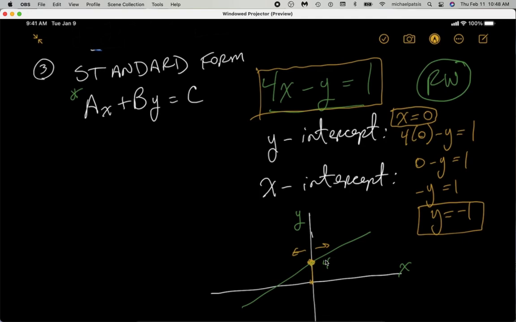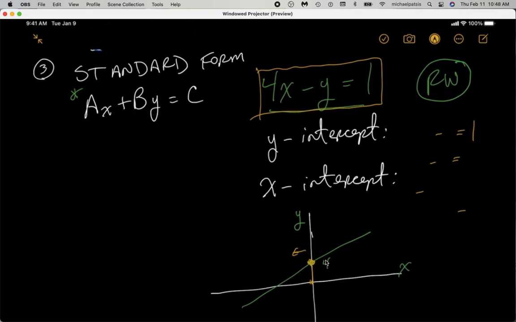x is 0. Now let's move to the x-intercept. The x-intercept, as the name implies, is going to be the point where the line crosses or intersects the x-axis. So let's look at this random line that I drew down below and look where it crosses the x-axis. That's the x-intercept. Look at the y value there. The y value is 0. Right here at this point where it crosses the x-axis, you're not moving up or down.